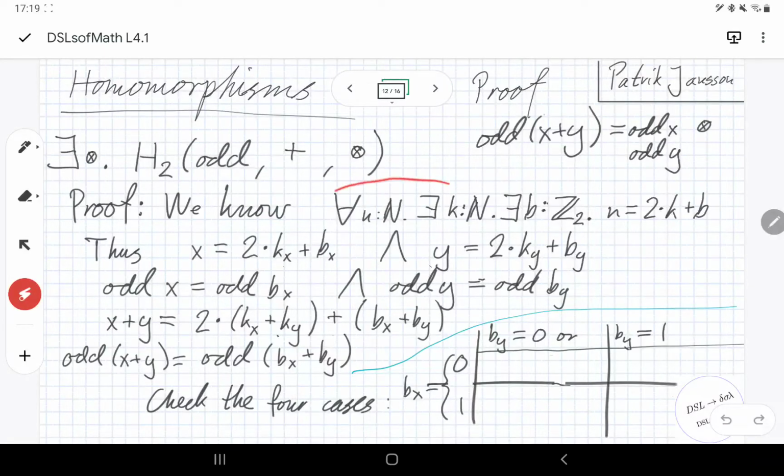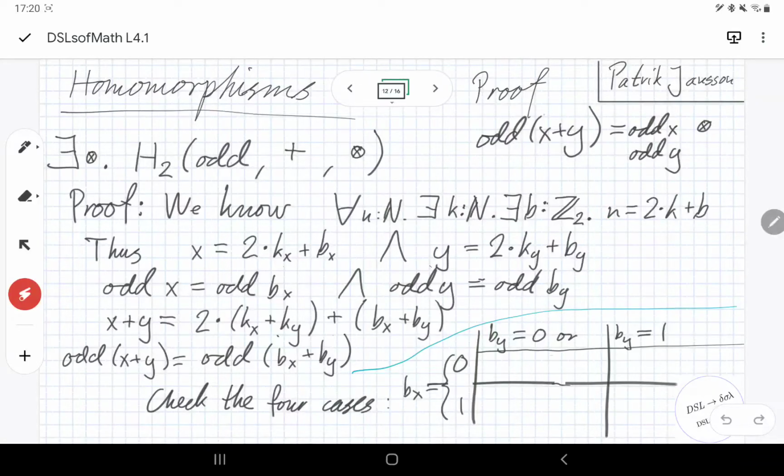And the statement I've written here is a logical statement which summarizes this. So for every natural number, there exists a k, which is also a natural, and there exists a b, which is in the set I called Z2. So often you have Z with a subscript for the set of numbers from 0 up to 1 less than the subscript. So this is just the set of 0 and 1. And then I say, okay, for all n, there exists a k and a b such that this equality holds.